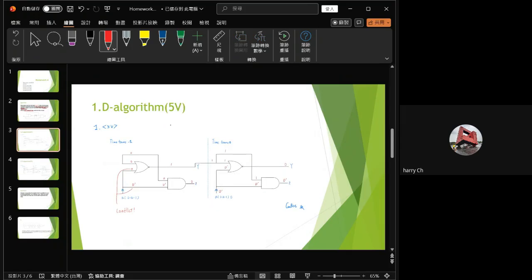First, I want to introduce the 5-value D algorithm. And first, we need to activate the fault S1.